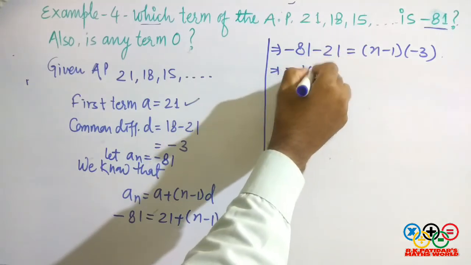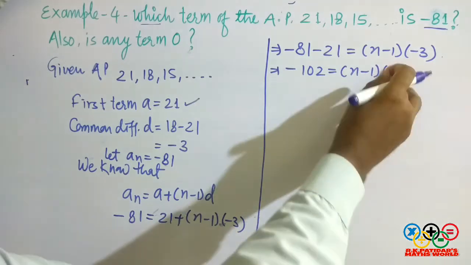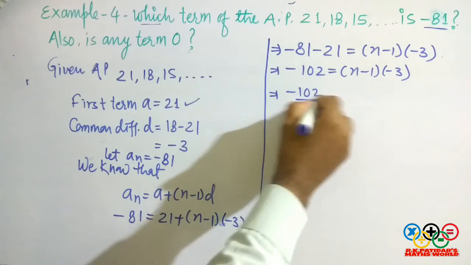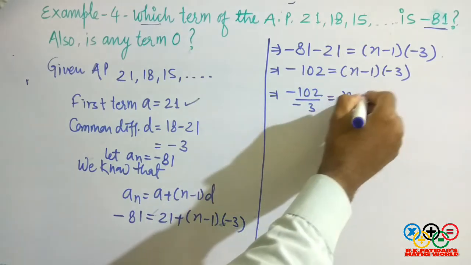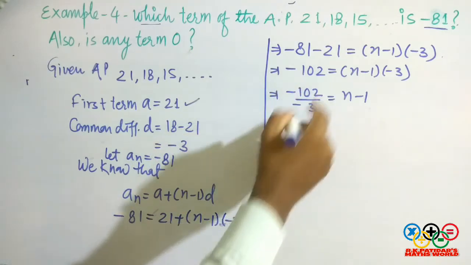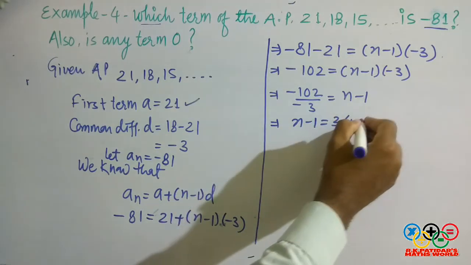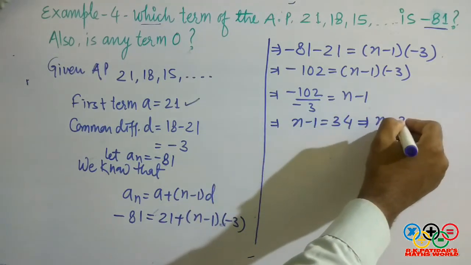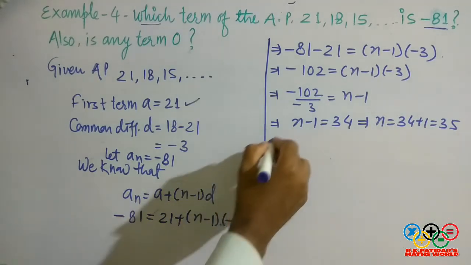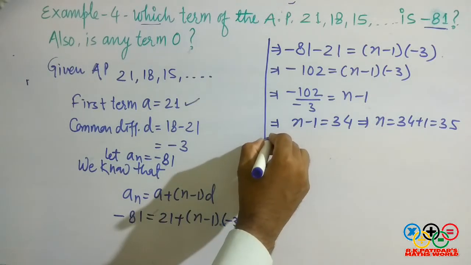So it is minus 102 is equal to (n minus 1) into minus 3. minus 3 मल्टीप्लीकेशन में इधर आएगा तो डिवाइड हो जाएगा, minus 102 upon minus 3 is equal to n minus 1. ये हो जाएगा 3 3 जा 9 and 3 4 जा 12, 34. Means n minus 1 is equal to 34. This implies n is equal to 34 plus 1, that is 35. Means the 35th term is minus 81.